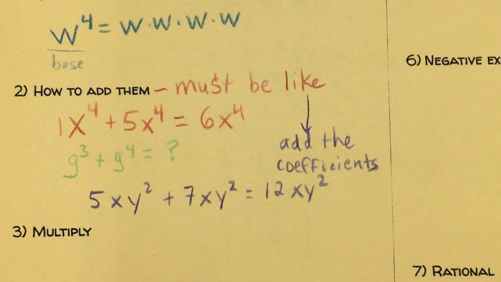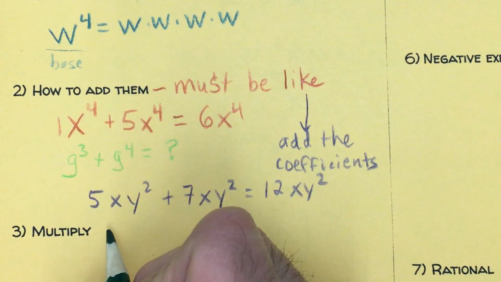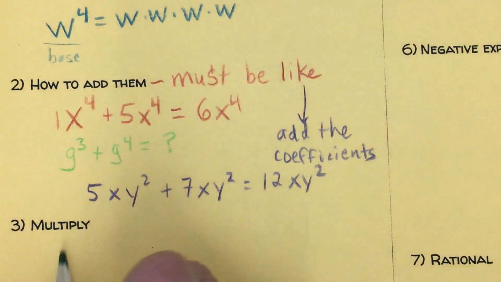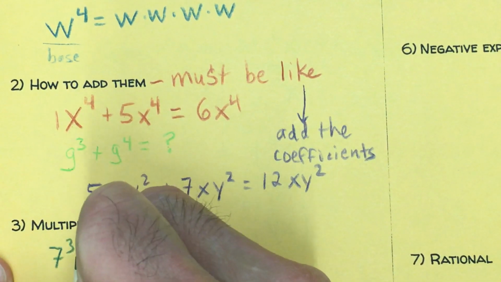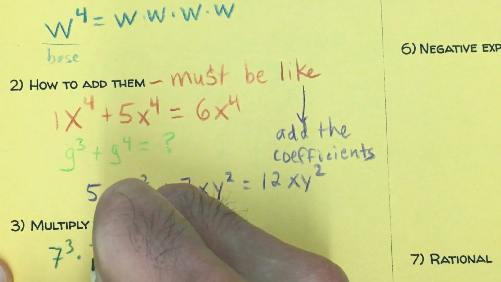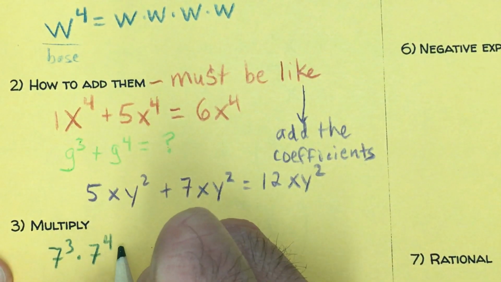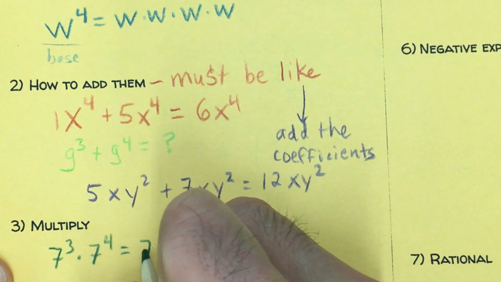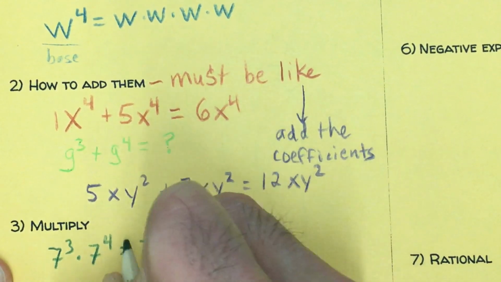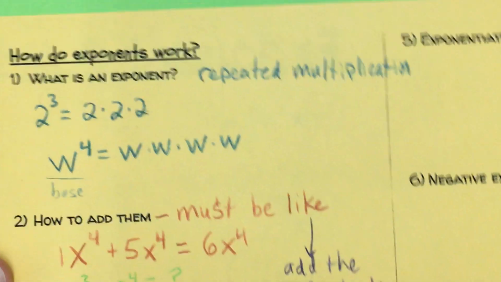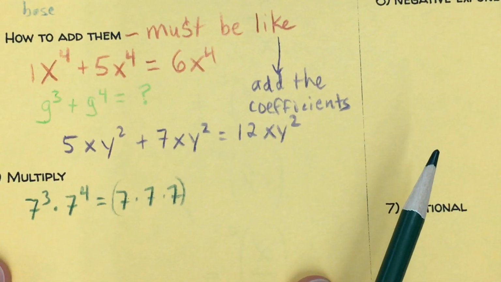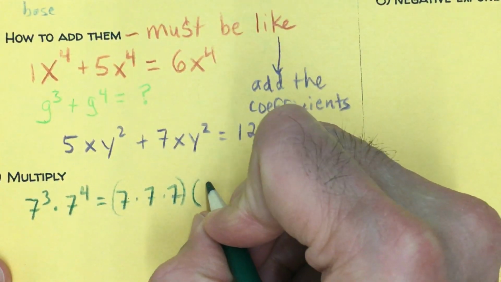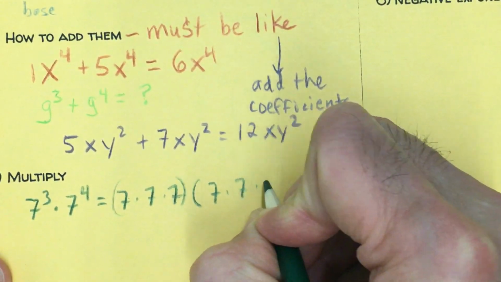So what about multiplying? When you're multiplying, let's go over the rules again. 7 to the third power times 7 to the fourth power equals 7 times 7 times 7, right? That's this repeated multiplication. I got 3 sevens times 4 sevens.